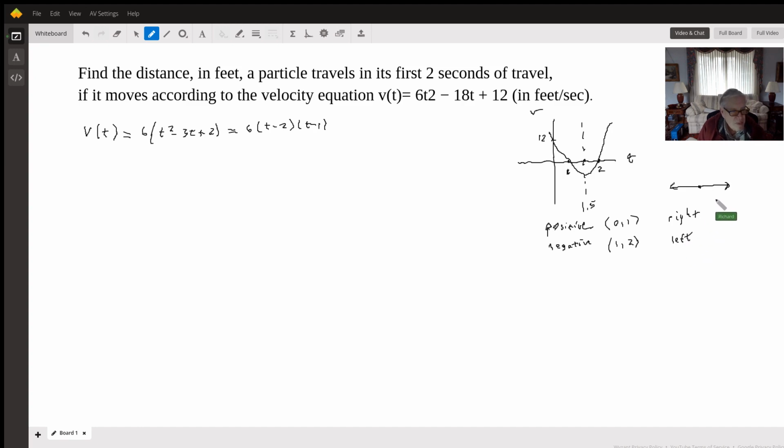So we know that the antiderivative, or the location, we call it s of t, is just going to be the integral of v of t.